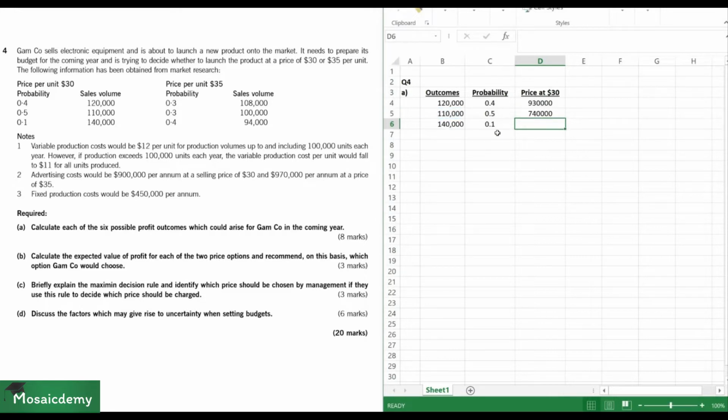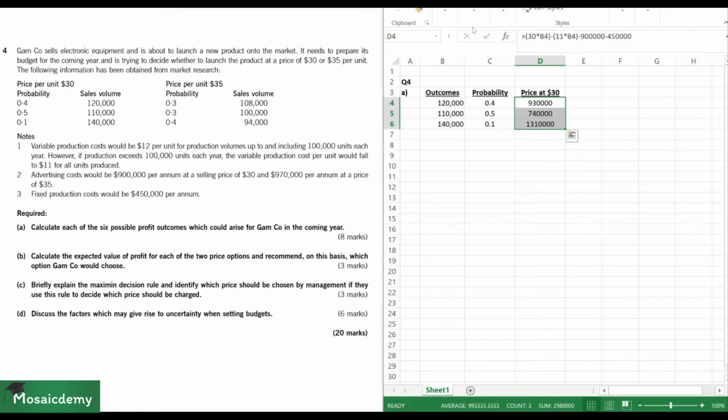So we're done. So that's very quick, and then copy and paste again, and let's just double check the assumptions. 140,000 units, again 30 price, which is fine. Variable cost will be 11 because it exceeds 100,000 units, and the advertisement and fixed cost will remain the same.